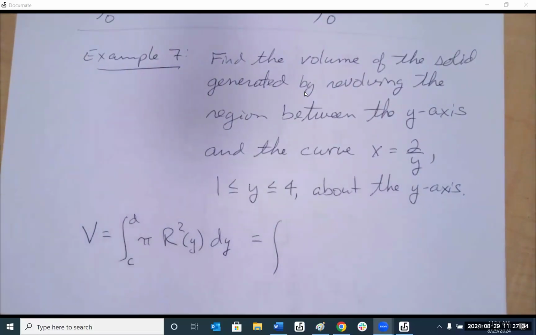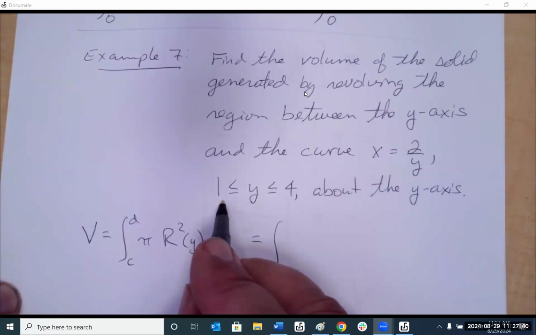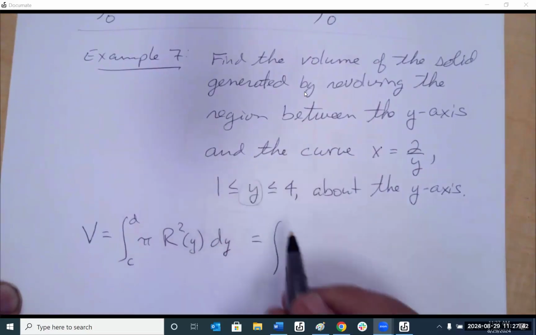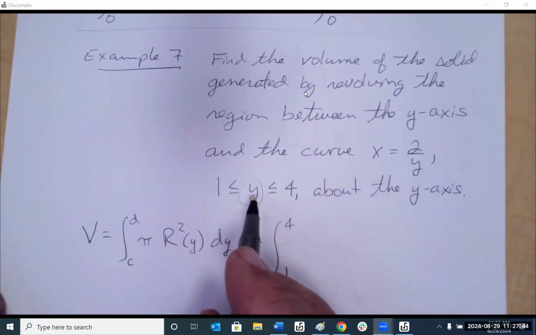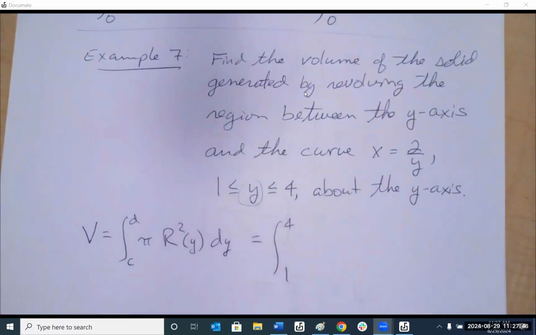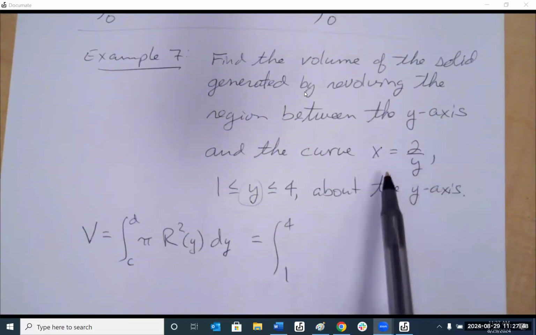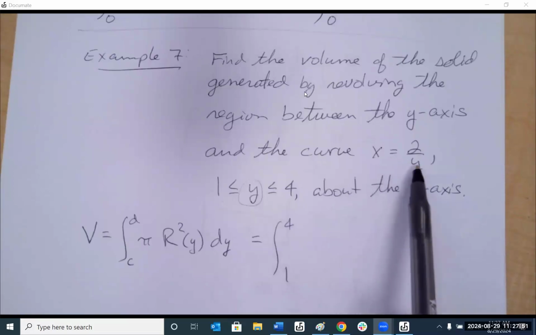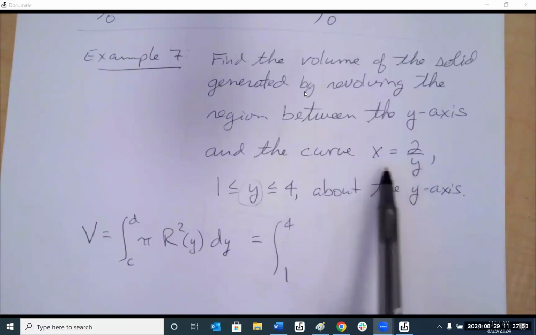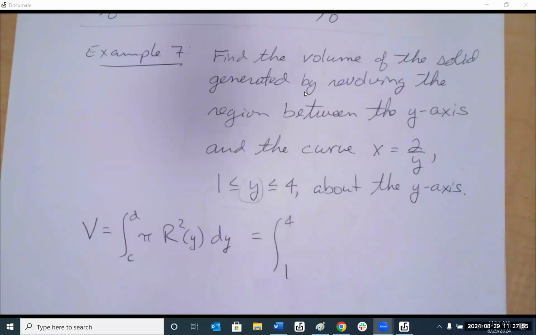What are my c and d endpoints? The bounds of integration. It goes from 1 to 4. Since it's already y here, if it said x, then we'd have to find what my y values would be from x, if x equals 1 to x equals 4.